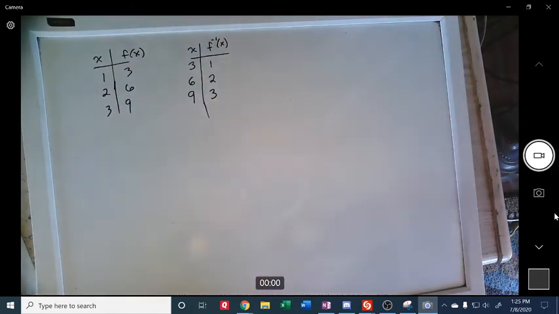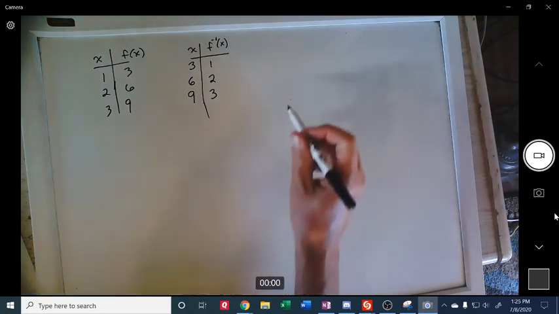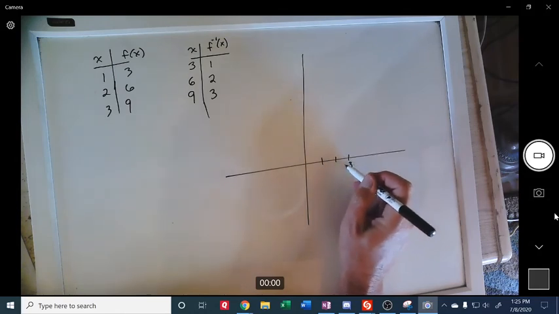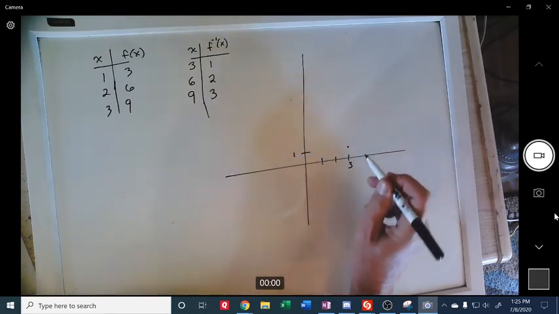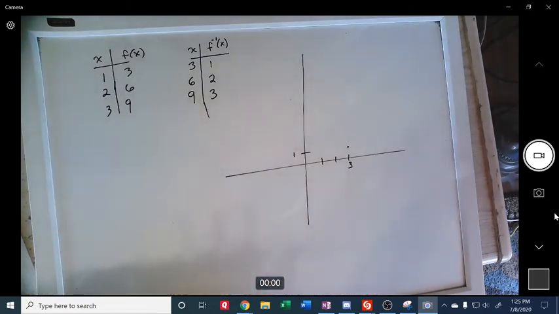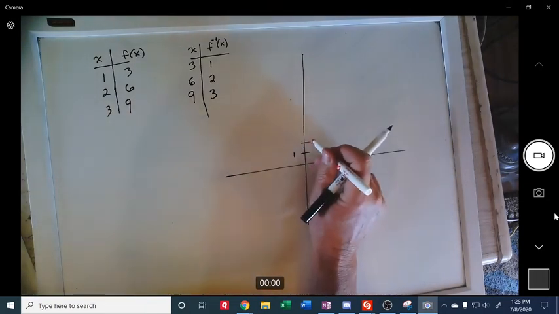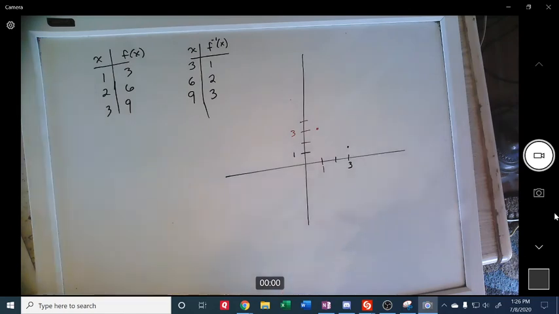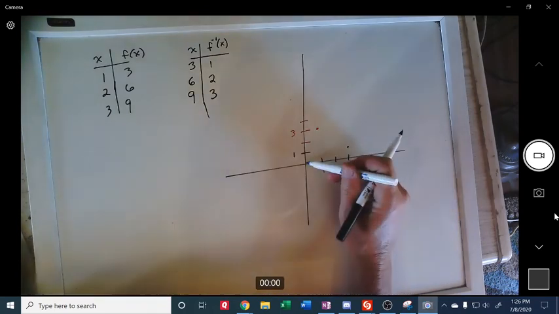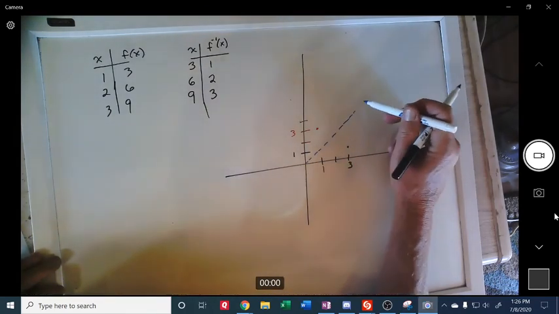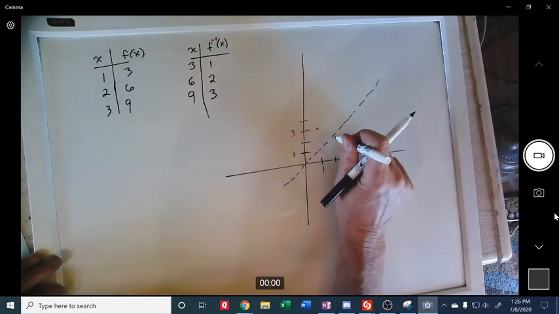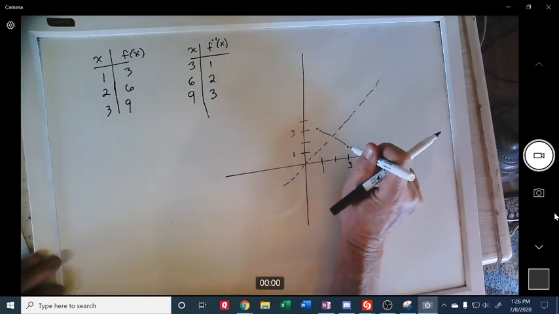Now there's a graphical interpretation of flipping around. What does it mean when we flip the point (3, 1) and turn it into the point (1, 3)? When you do that, you will reflect it across the line y equals x. This gets taken to this right here.